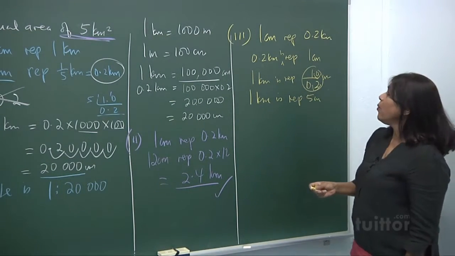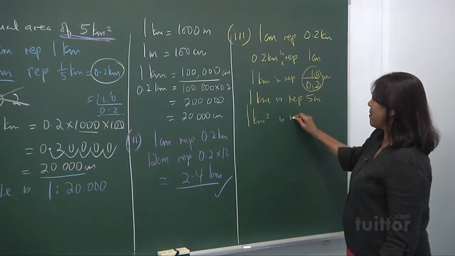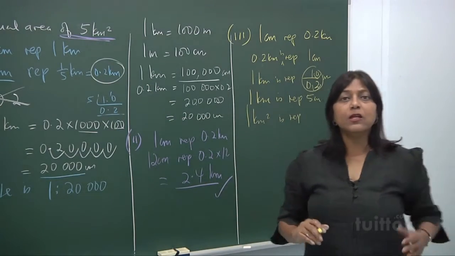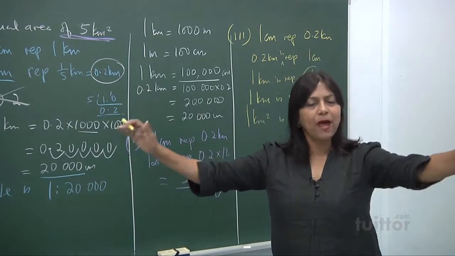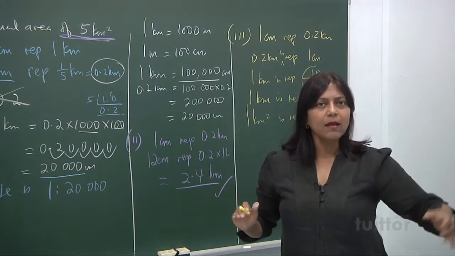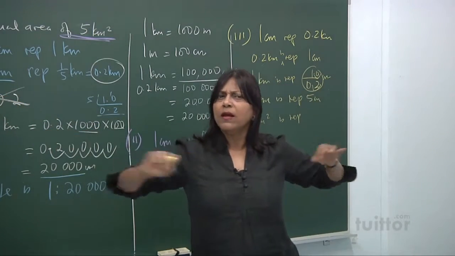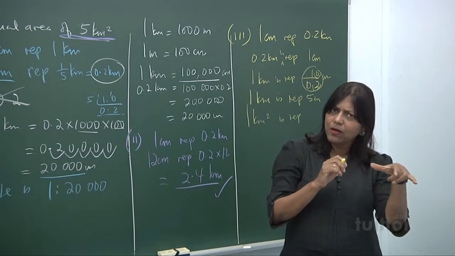Given. What is 1 kilometer squared going to be? It's 1 kilometer by 1 kilometer, you know the area, length times breadth. So 1 times 1, you get 1 kilometer squared. But 1 kilometer is how long? In the scale, 5 cm. In the breadth here, you look, 5 cm.